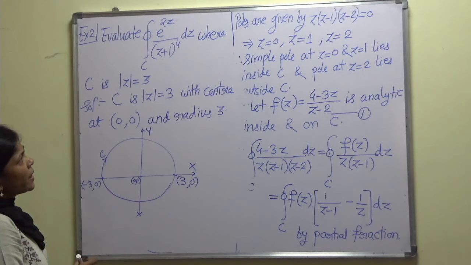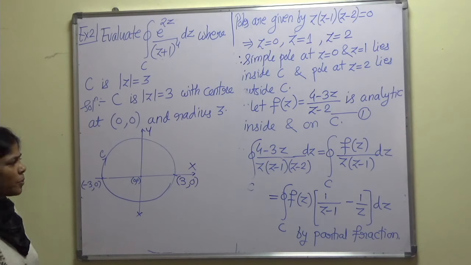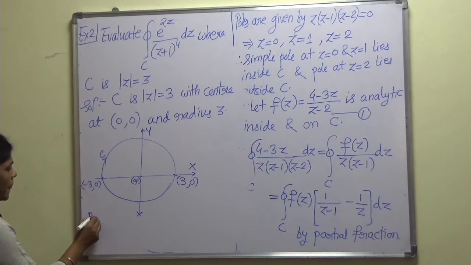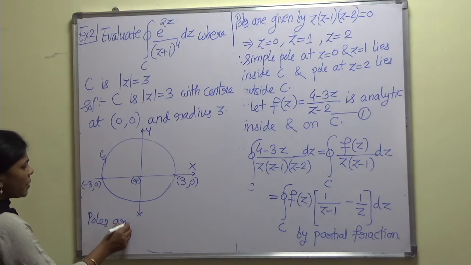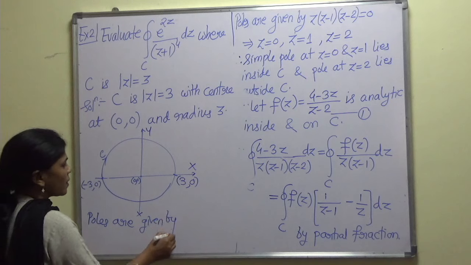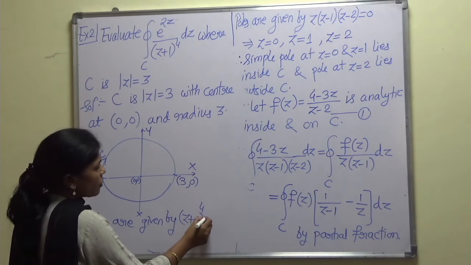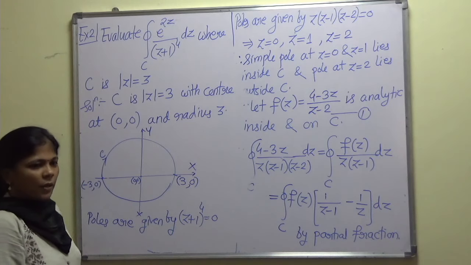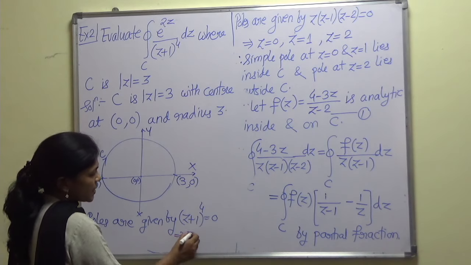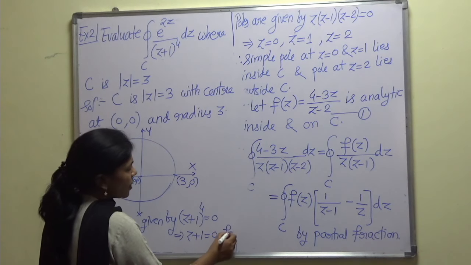What is the next one? The next task is to find the poles. How to find the poles? Poles are given by equating the denominator to 0. The denominator is z plus 1 to the power 4 equal to 0. This implies z plus 1 is equal to 0, 4 times.